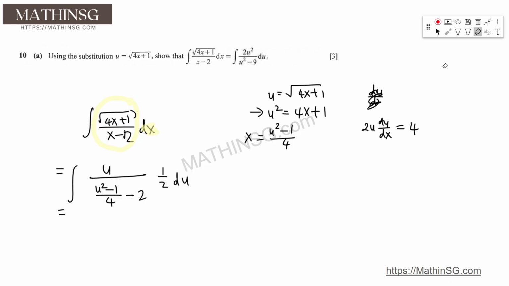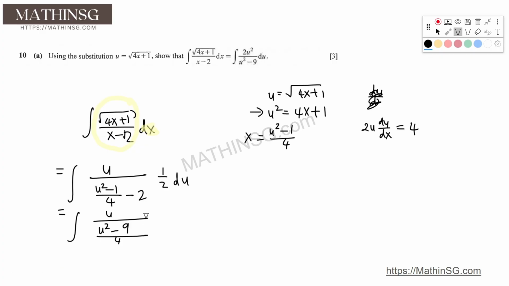Coming back to this, I am going to make this into a single fraction. So minus 1 minus 8 is basically minus 9. Let me change it to minus 9, times half here. So this 2 can cancel with this 4 here.